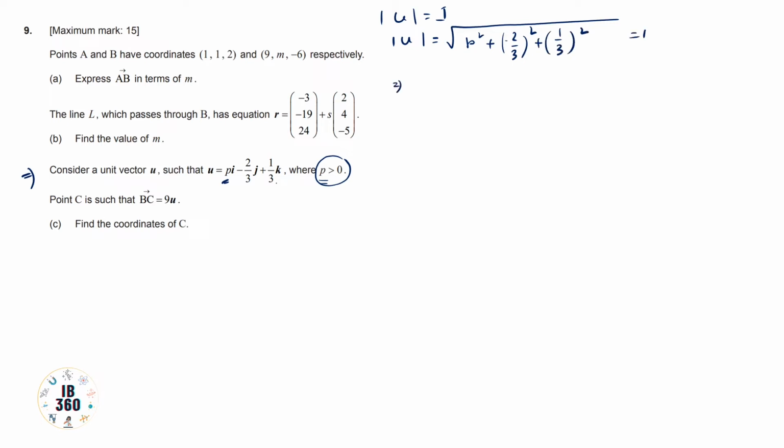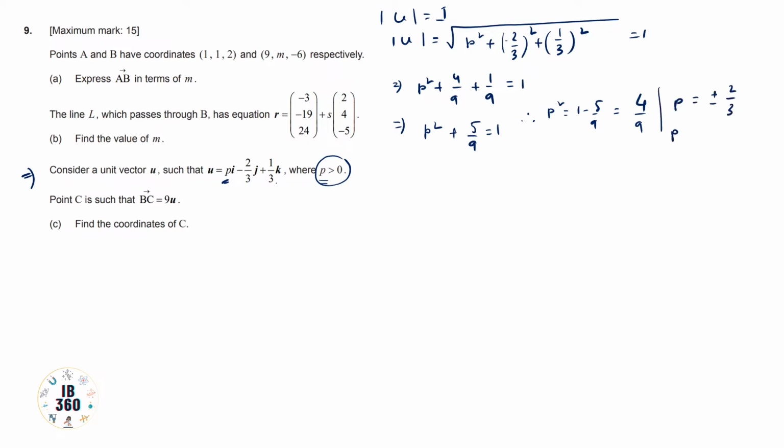So from here we are getting p square plus 4 by 9 plus 1 by 9 equals 1. From here we get p square plus 5 by 9 equals 1. So p square equals 1 minus 5 by 9 equals 4 by 9. So p can be plus minus 2 by 3.